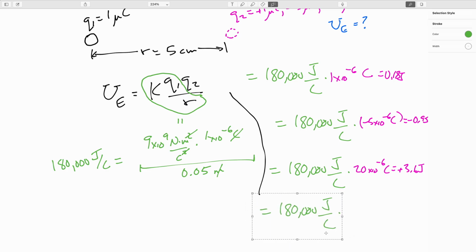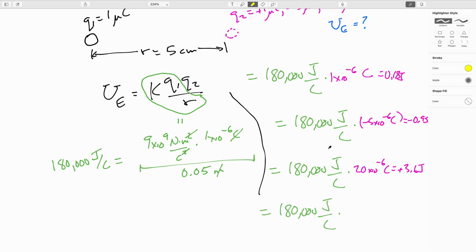So that would have been times negative 8 times 10 to the minus 6 coulombs.